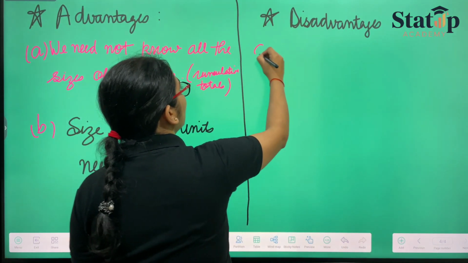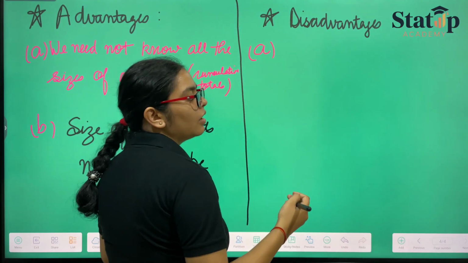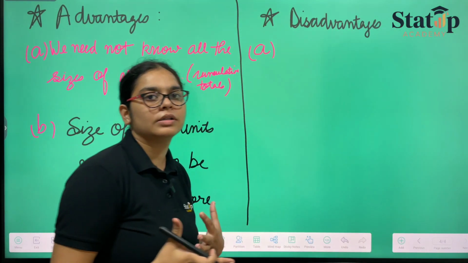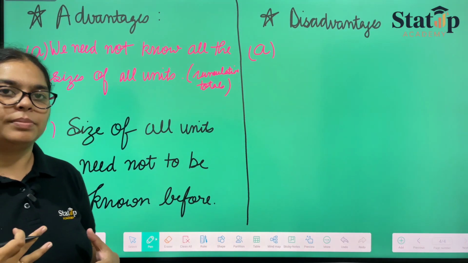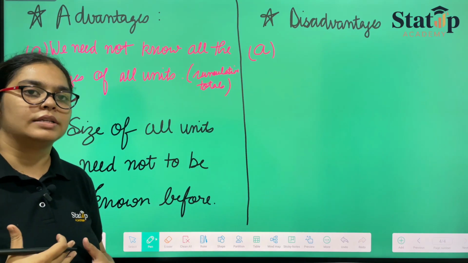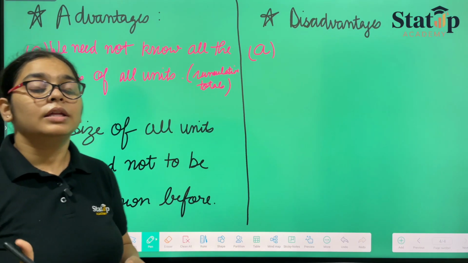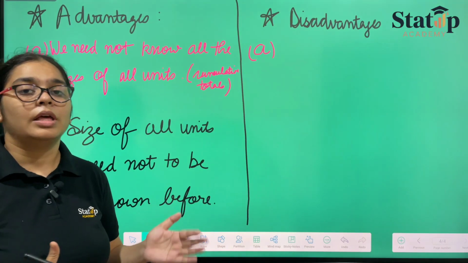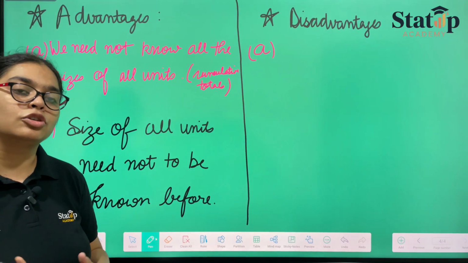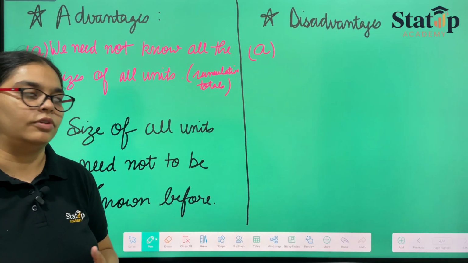And the first disadvantage is that if we take out a sample pair i and j, and it is not less than or equal to capital M xi, then we'll reject that unit, and it consumes lots of time and effort.